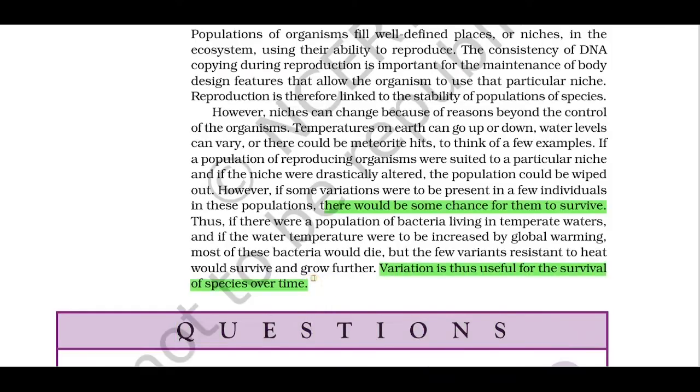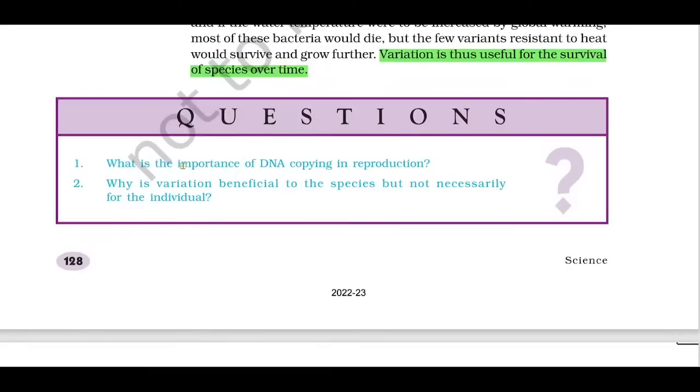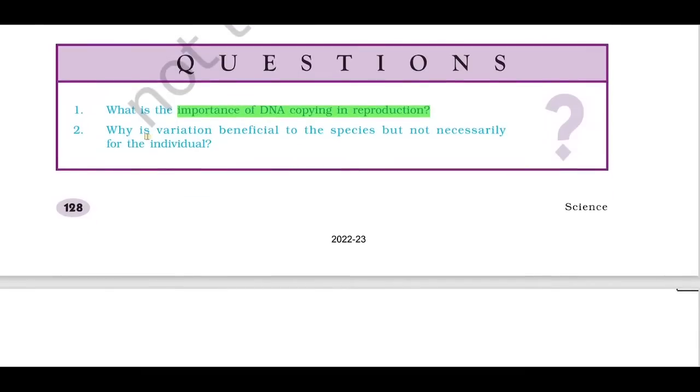It has to resist some drastic conditions, or otherwise adapt to the drastic changes in the environment. Know about the importance of DNA copying during reproduction, and also how variation is beneficial to the species but not necessary for an individual.